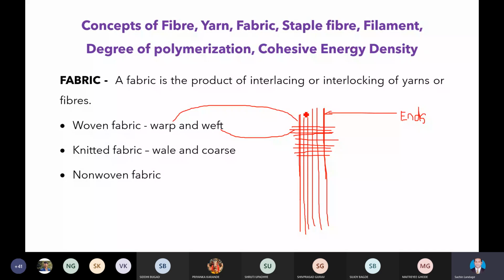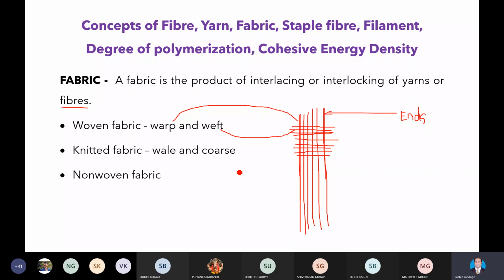Then the third category of fabric is the non-woven fabric. In non-woven fabric, we directly convert from the fibers. For woven and knitted fabric, we have fibers, then yarns, and from the yarn we get the woven fabric or the knitted fabric.